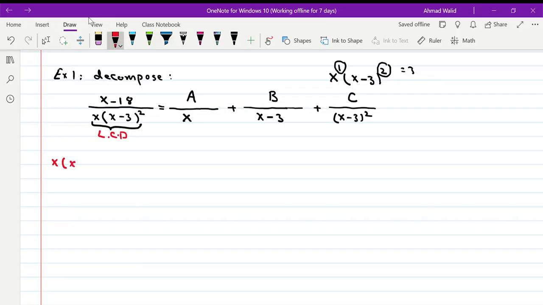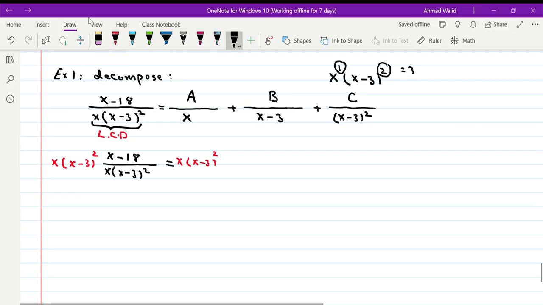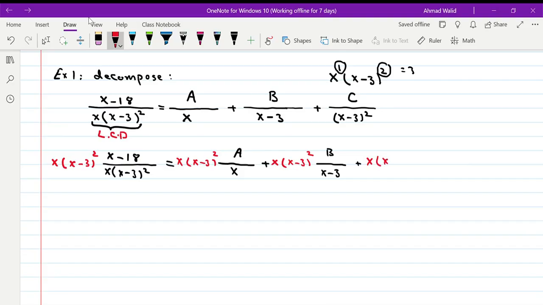X times x minus 3 squared times x minus 18 over x times x minus 3 squared equals, same thing, x times x minus 3 squared times A over x, plus x times x minus 3 squared times B over x minus 3, second fraction, plus x times x minus 3 squared times your third fraction, which is C over x minus 3 squared.